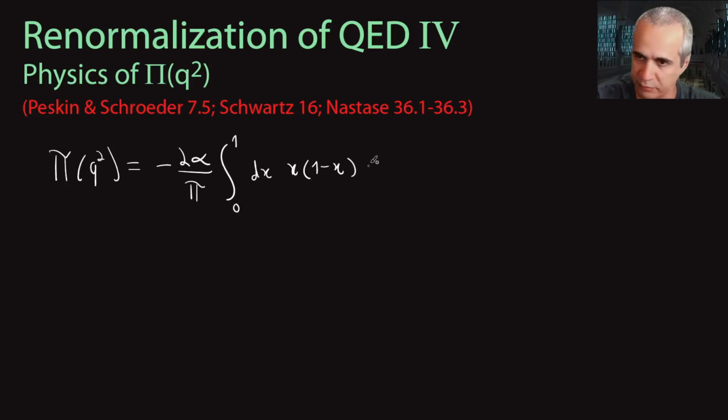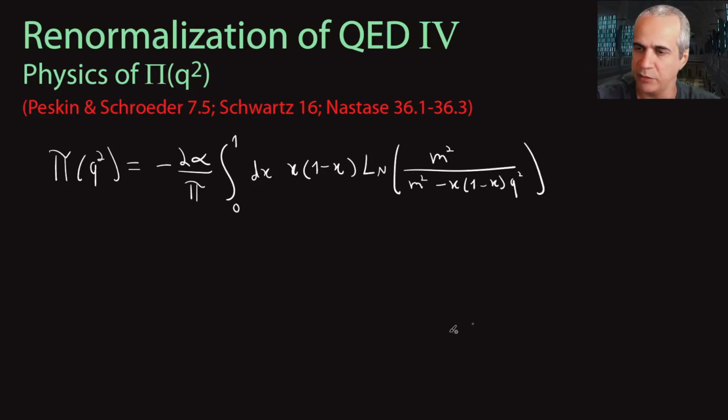And after renormalizing, we got this log right here. M here is the mass of the electron, and Q square here is the momentum of the photon.